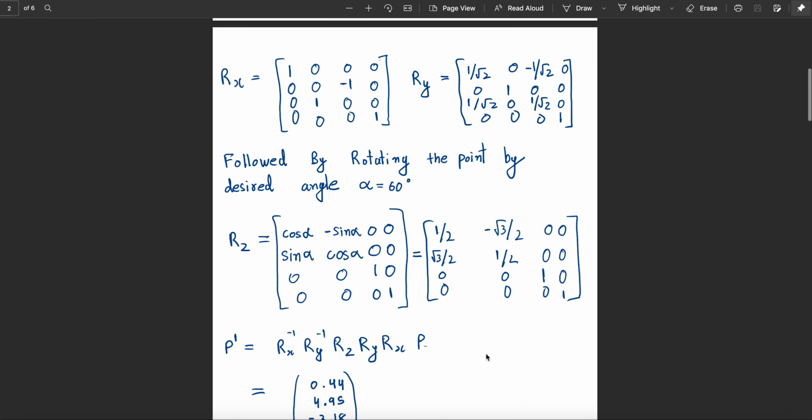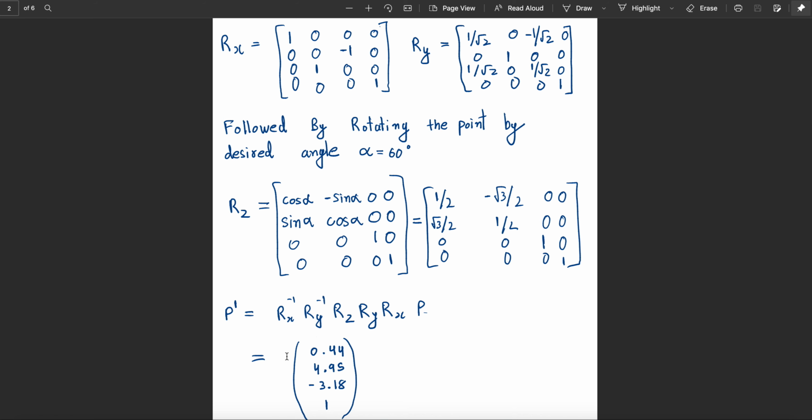So now that we have all the matrices, we can apply the matrix operations on our point P as given. So we rotate it by Rx, Ry to coincide the desired line with the z-axis.